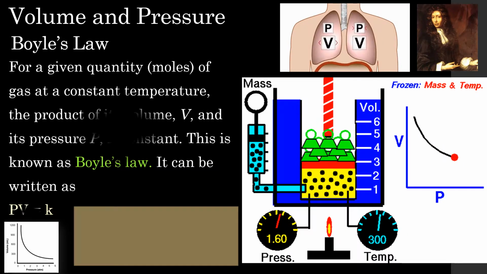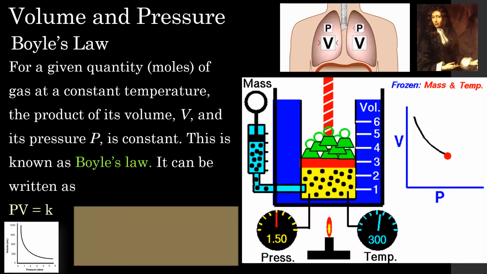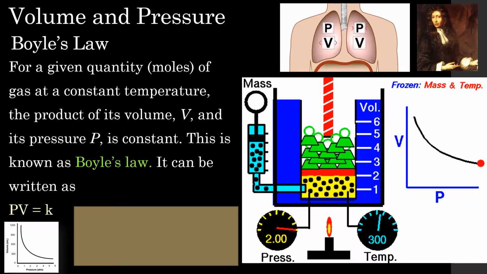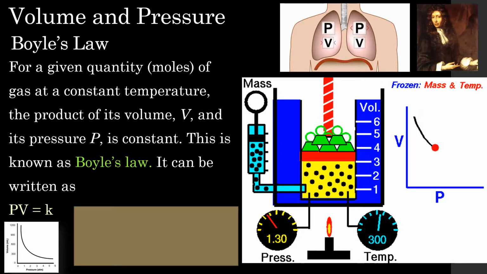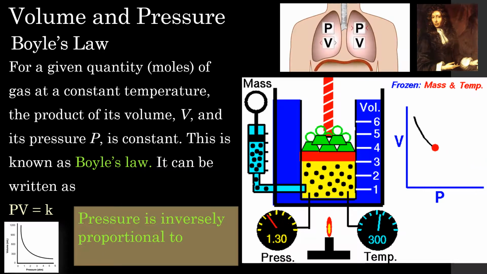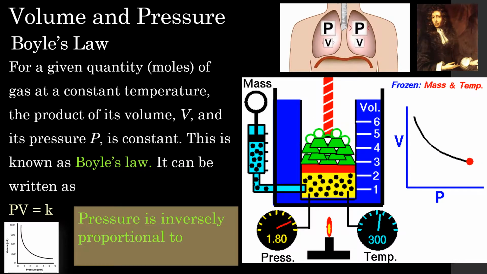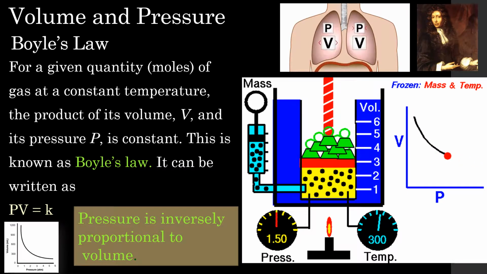So we describe this as for a given quantity of moles of gas at a given temperature, the product of its volume, which is V, and its pressure, which is P, is constant. So P times V equals K, or a constant. It can be written as PV equals K, and this is an inversely proportional relationship to volume.